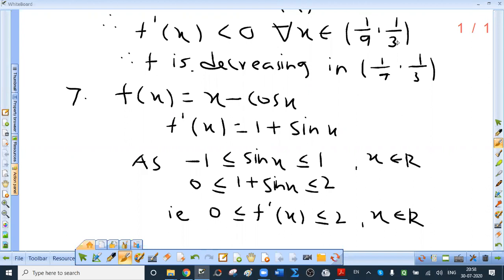So we add 1. Minus 1 plus 1, 0. 0 less than or equal to 1 plus sin x less than or equal to 2. Okay. So f dash of x is definitely greater than or equal to 0. So function is increasing for all values of x, for all real values of x. Right.